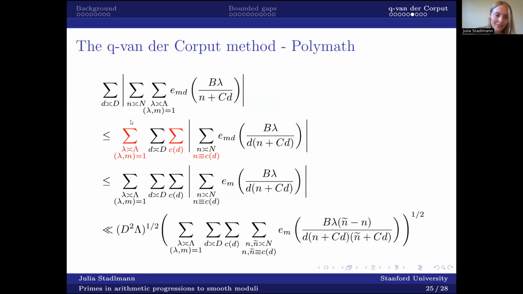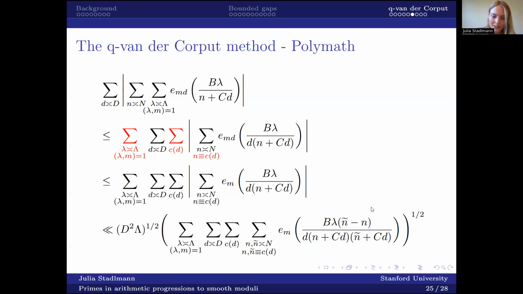On the outside we have a sum over lambda, and on the inside we now have a sum over n. That's exactly the situation for the Q van der Corput method I highlighted earlier. So we fix a residue class mod d and reduce the modulus from md to d. Then, in order to get rid of the little d in the denominator, we apply the Cauchy-Schwarz inequality.